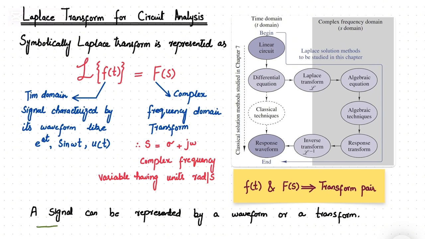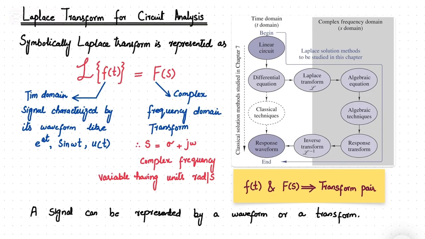A signal can be represented by a waveform or a transform. The time domain signal we will call a waveform, and the s domain function would be known as the transform.